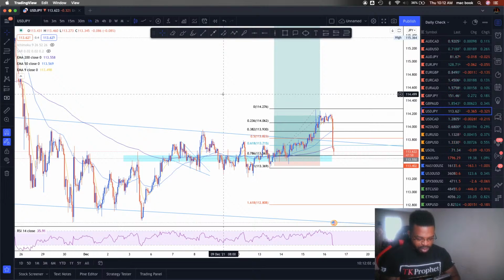So we got a USD JPY buy. Stop loss is 150. No, I'm sorry, 113.0402.